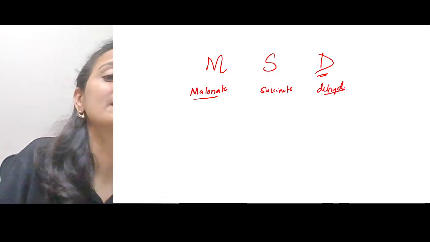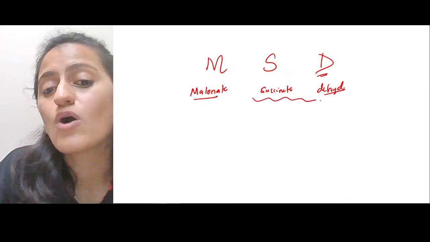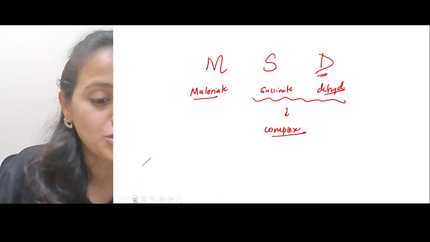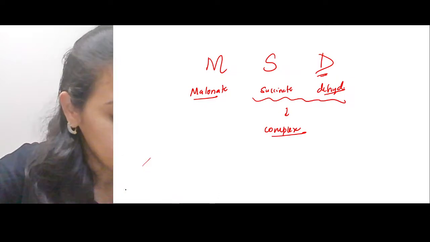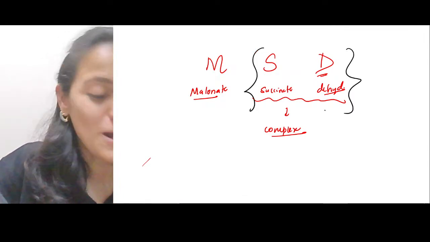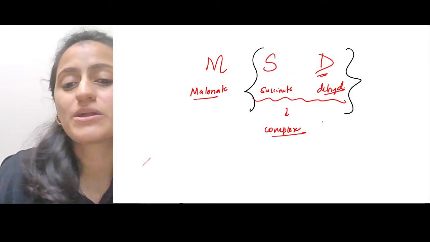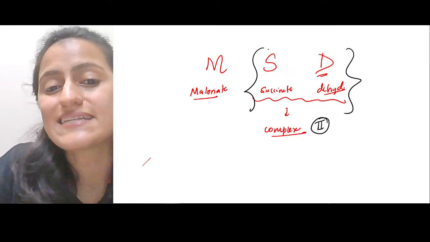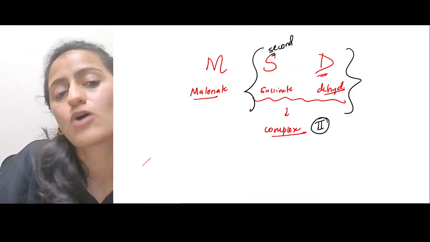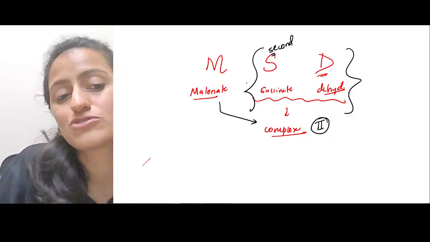It does not inhibit succinate thiokinase, it is succinate dehydrogenase, which is also basically what complex of the electron transport chain? Very good, Mahek. So remember it is complex 2. The second complex is succinate dehydrogenase. So malonate basically inhibits complex 2.